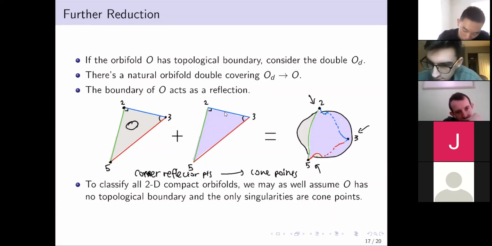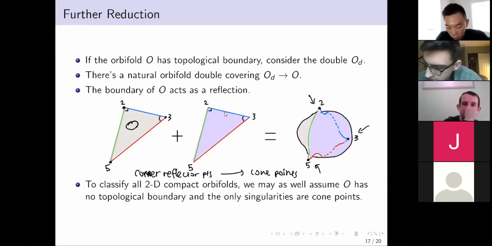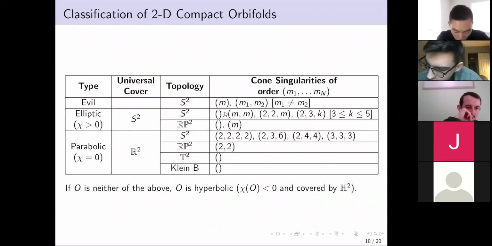And then the very last thing that I would like to say is the conclusion of this: if I have an orbifold O, a two-dimensional one that's compact without any boundary, then it has to be one of these. Note that in the table over here, I classify them based on the different geometries.